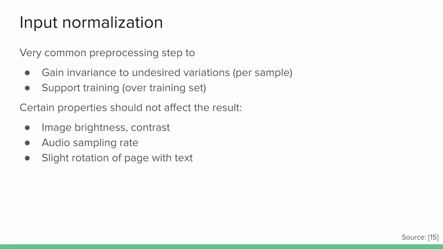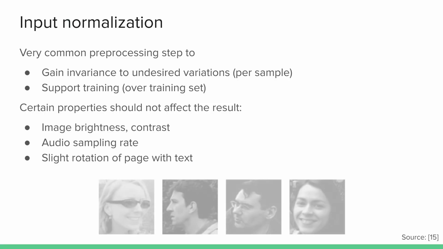And finally, if you rotate a page with text, it should definitely not change the content that is written on that page. We can try to normalize our input data to even those slight variations out and come up with a very homogeneous training set.